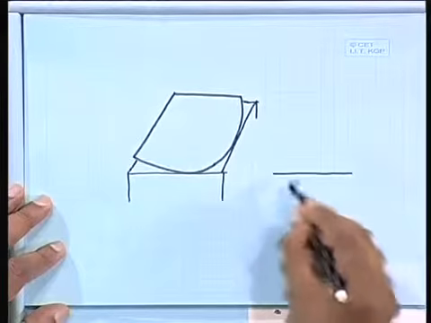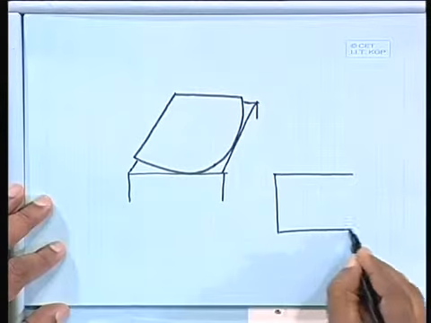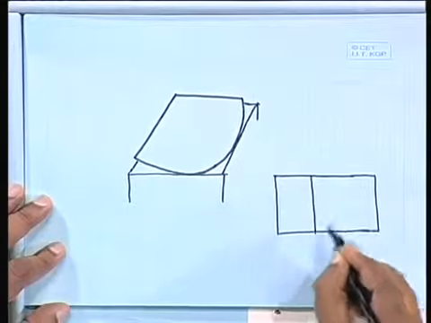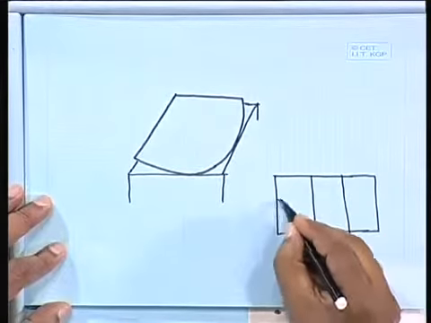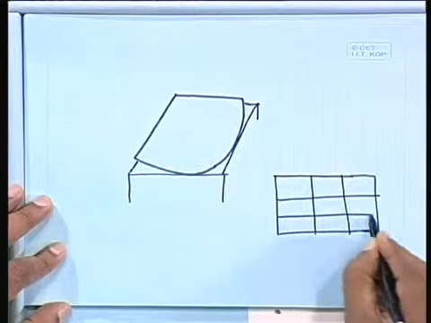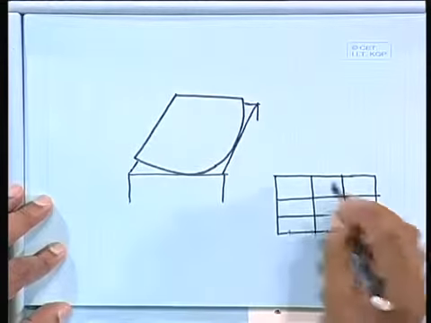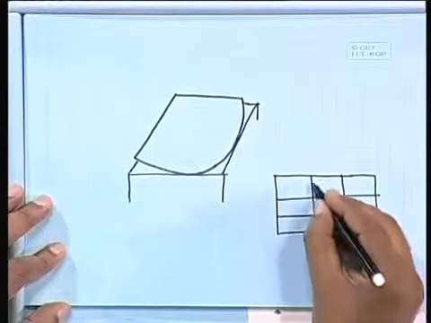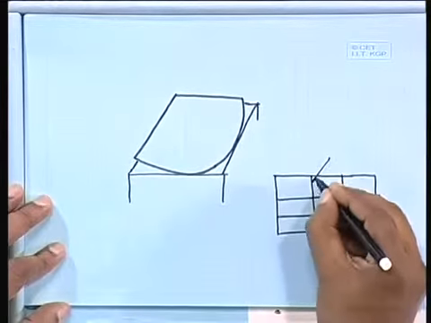It may happen something like this, that this is your panel, let us say, and we are providing different beams. I am talking about the plan, and these are all beams.